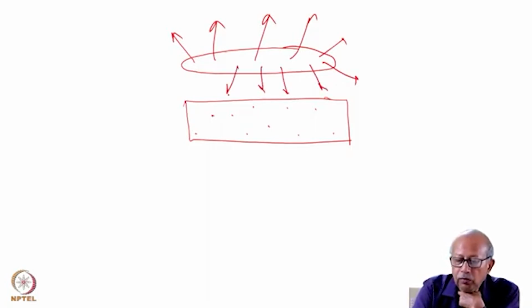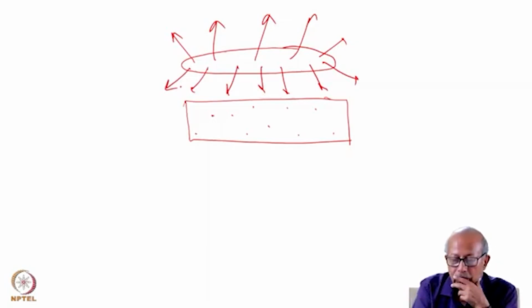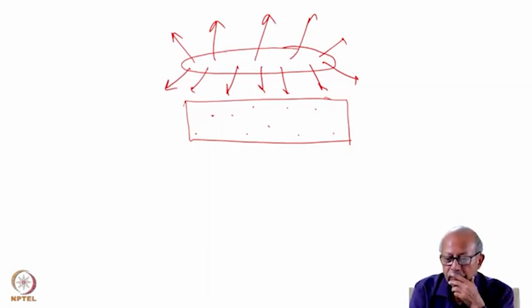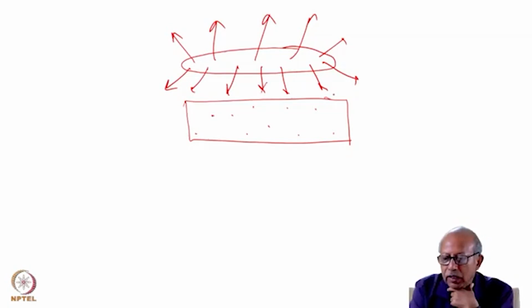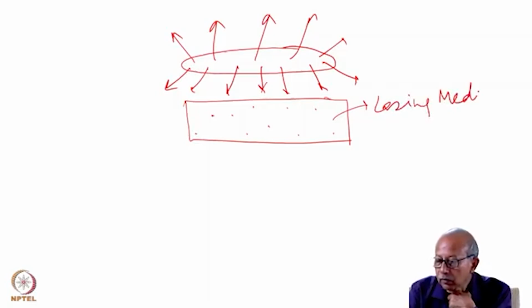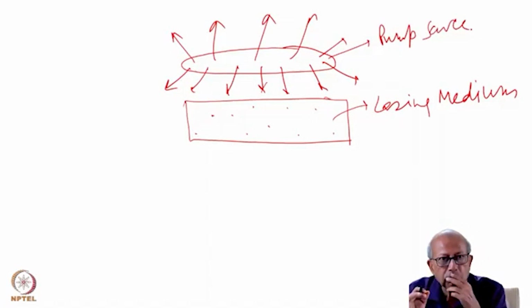Therefore, it is suitable only for side pumping. That is, the pumping is done through the side of the lasing medium. This is the lasing medium, and this is the pump source, which is the conventional source of light.